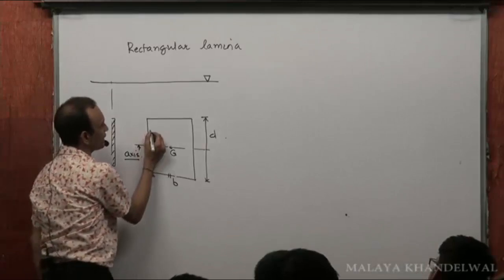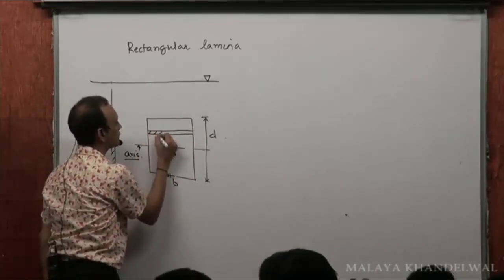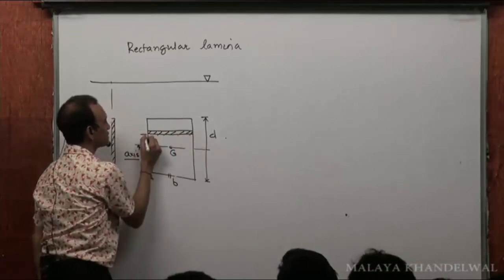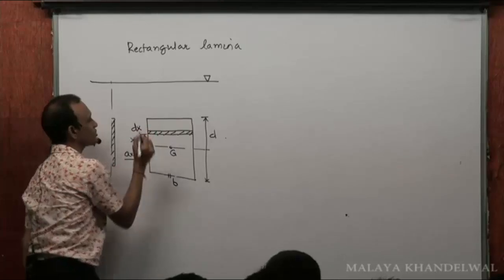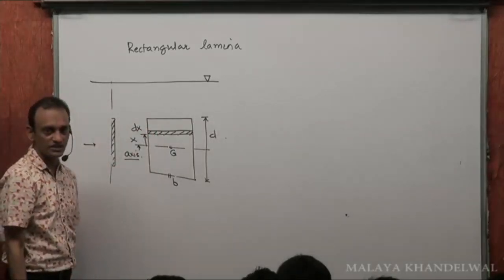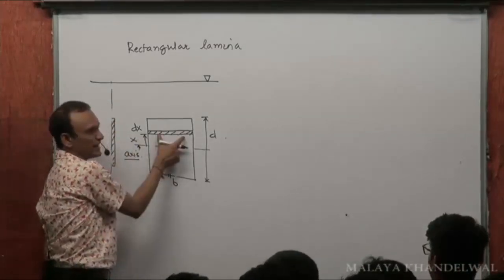To find IG, I take at a distance x a strip of width dx. What will be the area of the strip? B into dx will be the area of the strip.